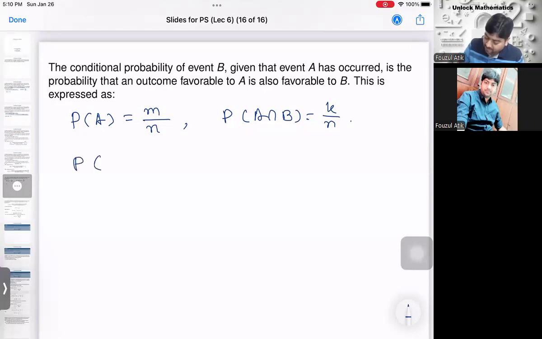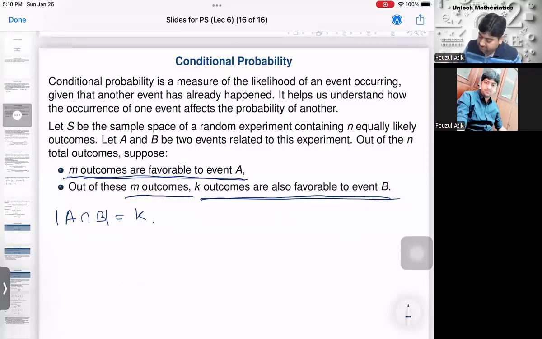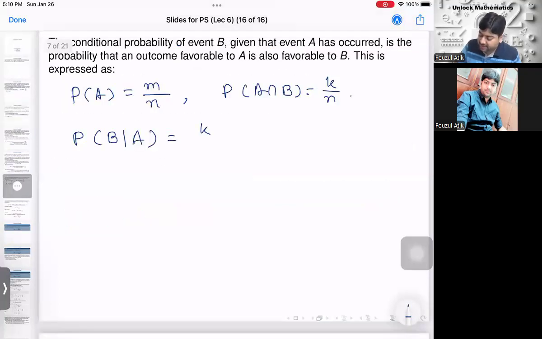We can denote it by P of B given A. It is the number of favorable cases of the event B, which was k, because we said in the beginning that k outcomes are favorable to the event B. And this k we have taken from the m outcomes of A. So P of B given A is equal to k by m, because the outcomes of B are outcomes of A, so we are taking the number of favorable cases for A. So k by m.